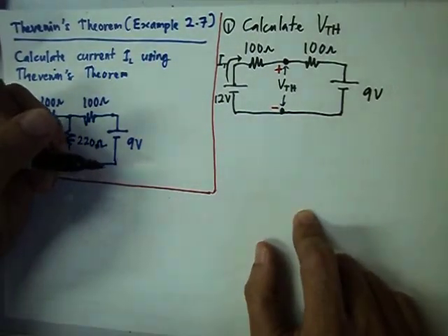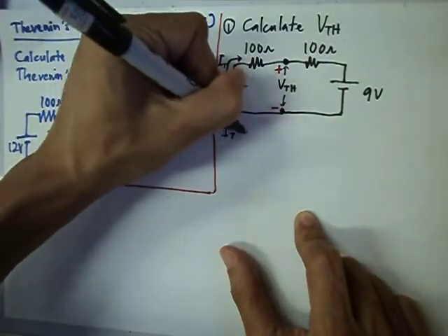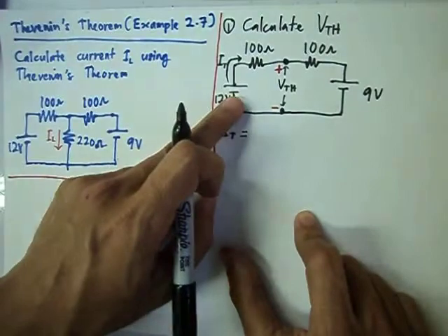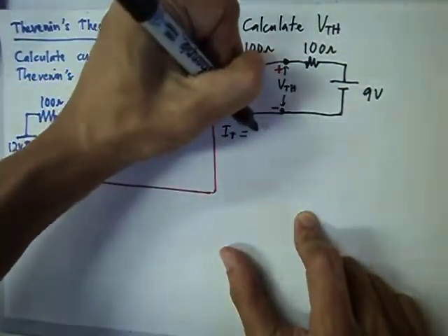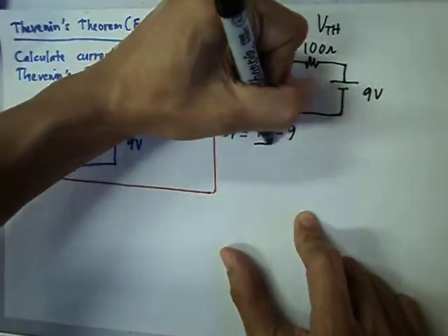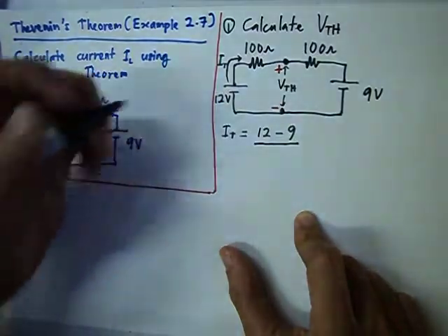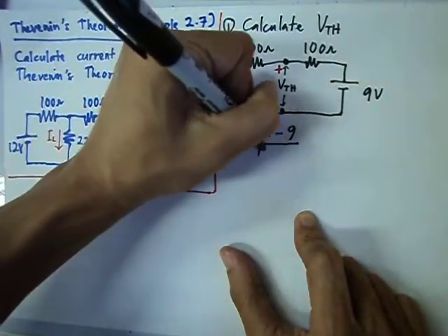Now we have to calculate this IT. So IT equals 12 minus 9, divided, V over R. R is the total of the series resistance, 100 plus 100.